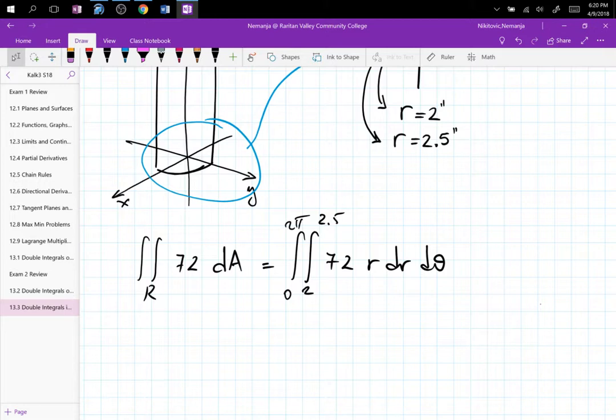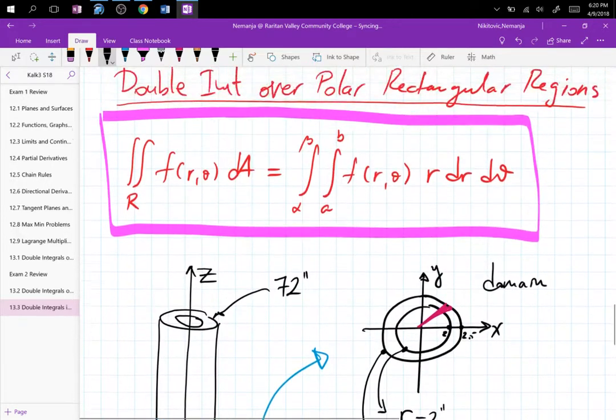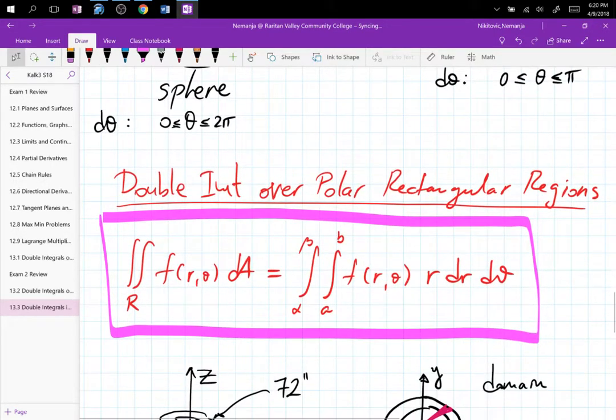Now, if any one of you are freaking out about the extra r and maybe having way too many dimensions, please remember that theta is not a dimension. Theta is the ratio of two lengths in radians. So theta does not bring a dimension to the table. This is equal to the volume because you have three dimensions. Dimension number 1, dimension number 2, dimension number 3.